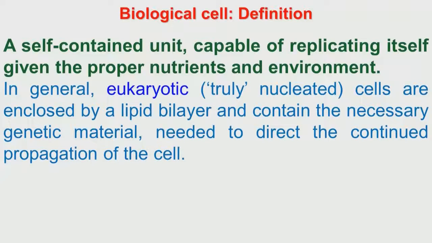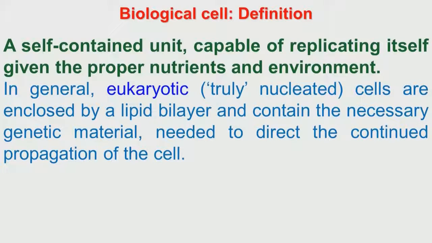So, self-contained means it has all the organelles which can perform certain specific functionalities. For example, ribosomes in cells can synthesize proteins. Mitochondria is used as a powerhouse. I will go through that next slide.